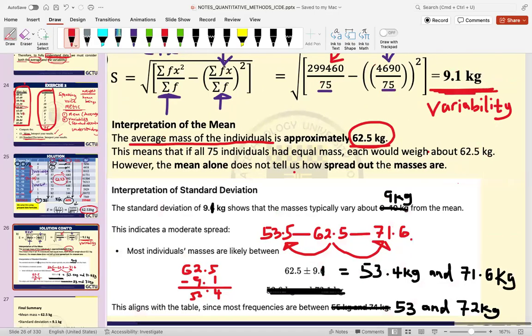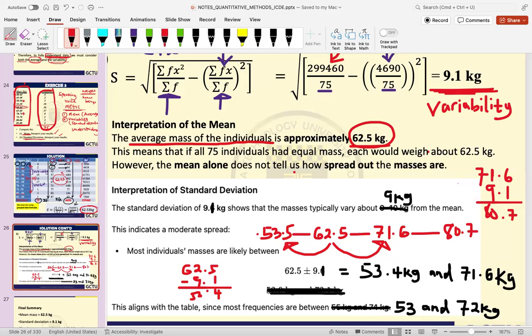You can also add again another 9.1 to this one. So if you have 71.6 plus 9.1, you will have 80.7.